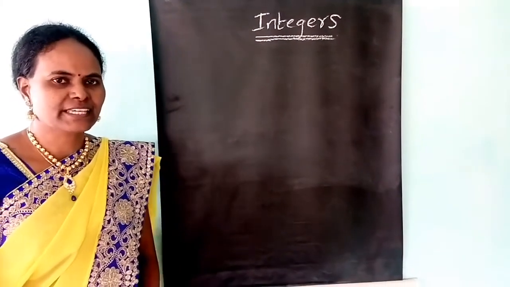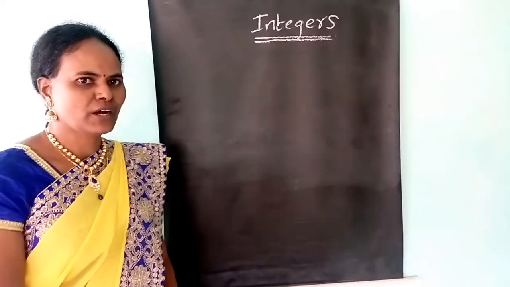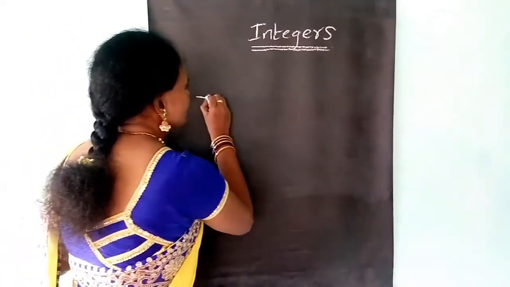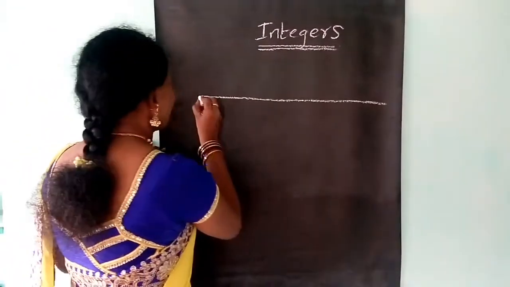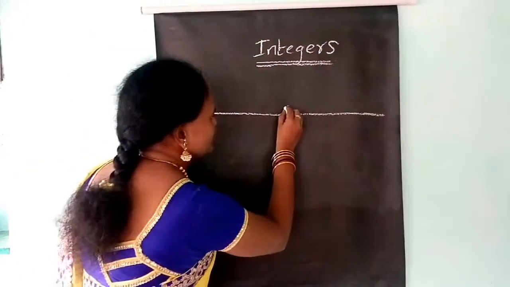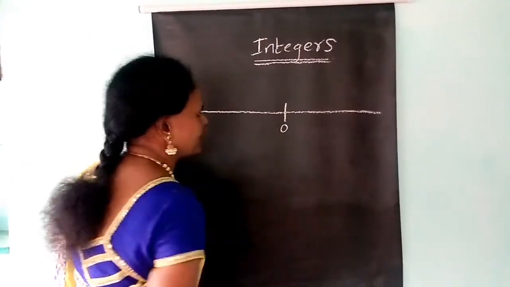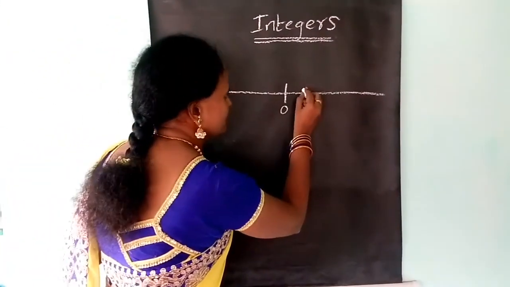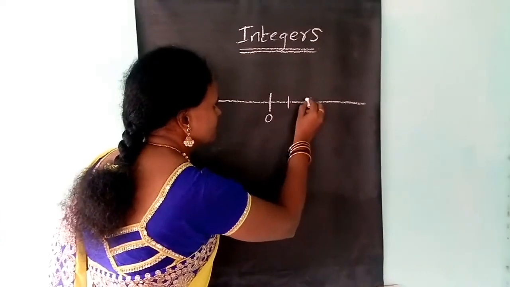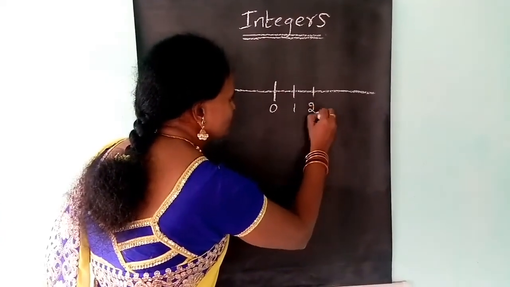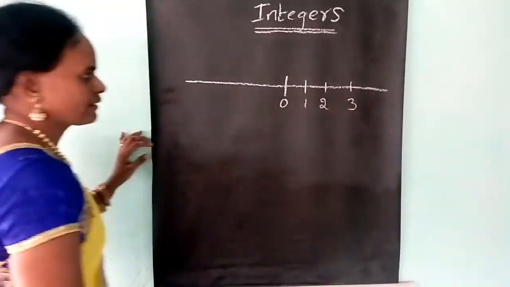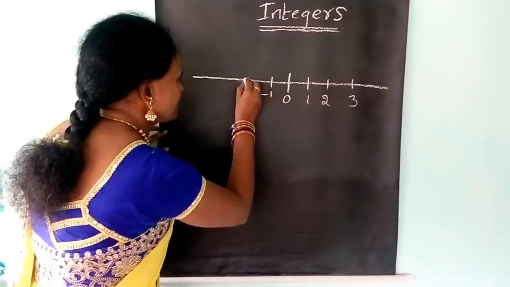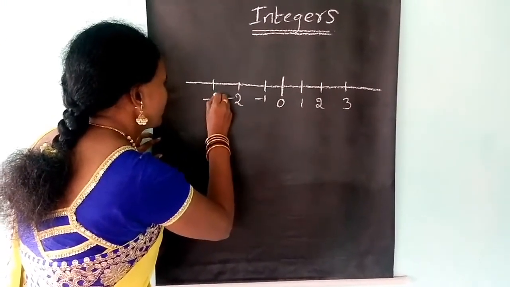Children, let's see what is number line and how to represent integers on number line. This is the line. Place 0 in the middle of the line and numbers to the right of 0 are 1, 2, 3 and numbers to the left of 0 are -1, -2, -3.